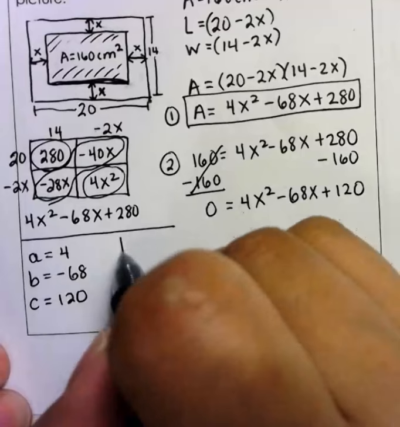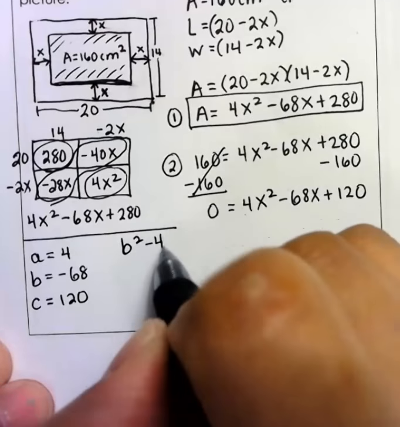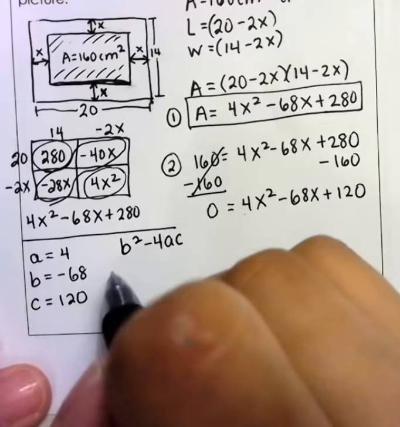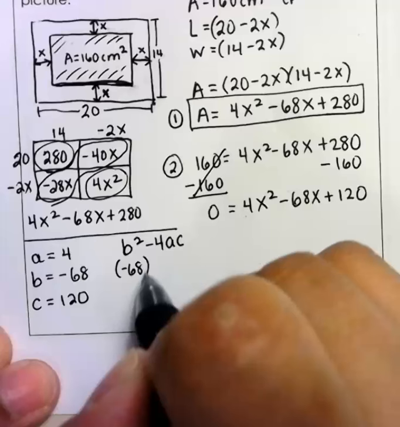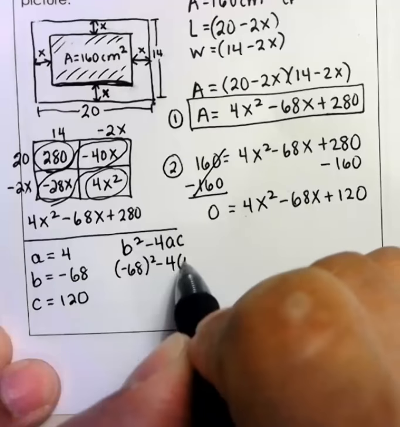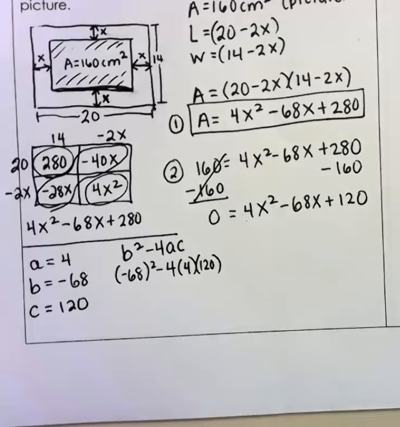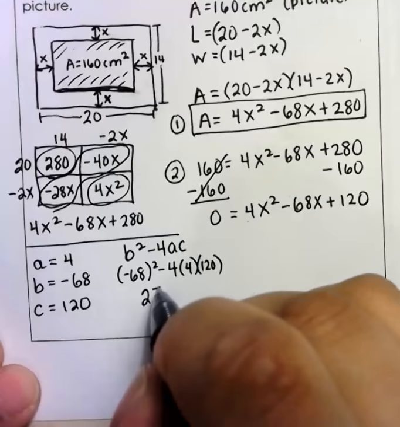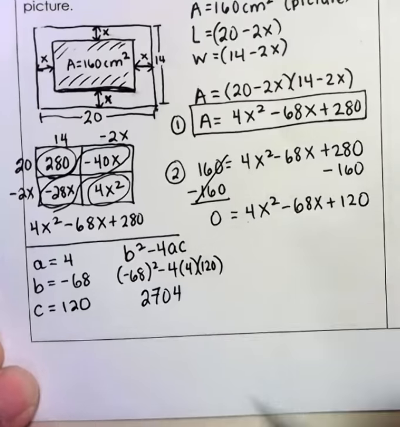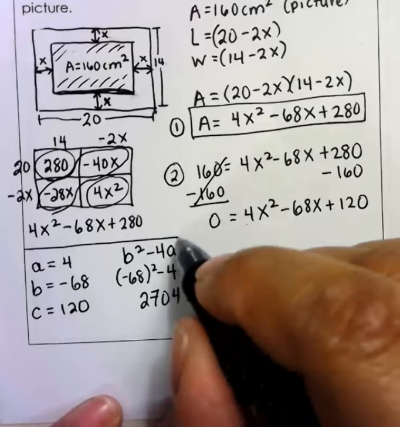I'm going to find my discriminant, B squared minus 4AC. So negative 68 squared minus 4 times 4 times 120. And when I plug that in the calculator, I got 2,704.